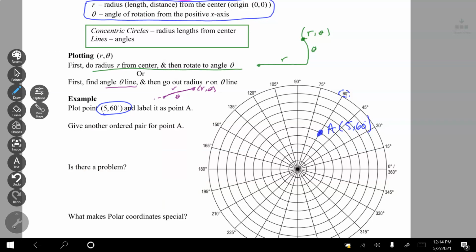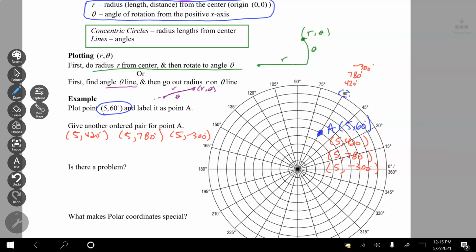So this angle here is not only 60 degrees, but if I add another circle to it, it's also 420 degrees, 780 degrees. And if I go backwards, I could subtract 360 degrees. So it's also the angle negative 300. They're all the same location or the same angle line. So I have 5, 420, 5, 780 degrees, and 5, negative 300 degrees are all the same point as that one I did in blue, 5, 60.